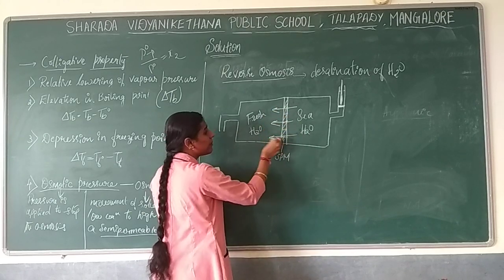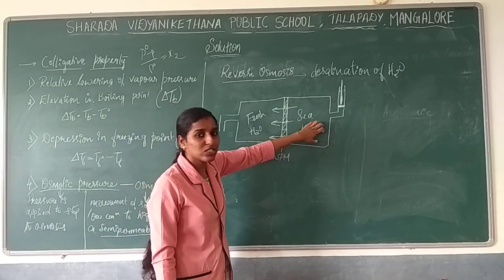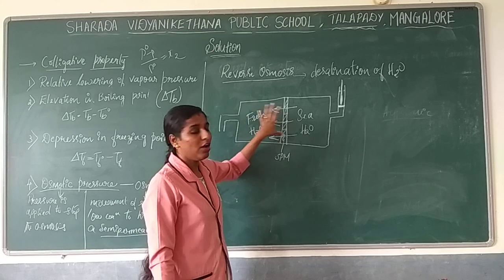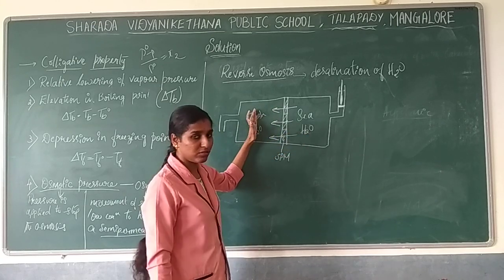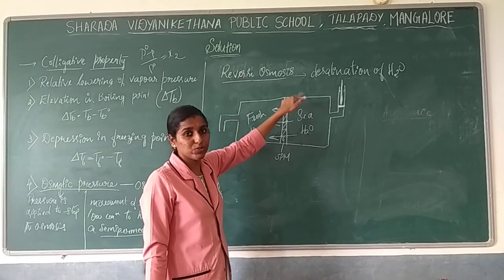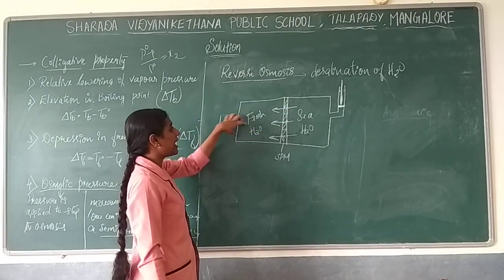So now here all the solvent will be moved from here to here, from this concentration to this concentration. This reverse of osmosis will be done so that it will be stored as fresh water and it will be removed.